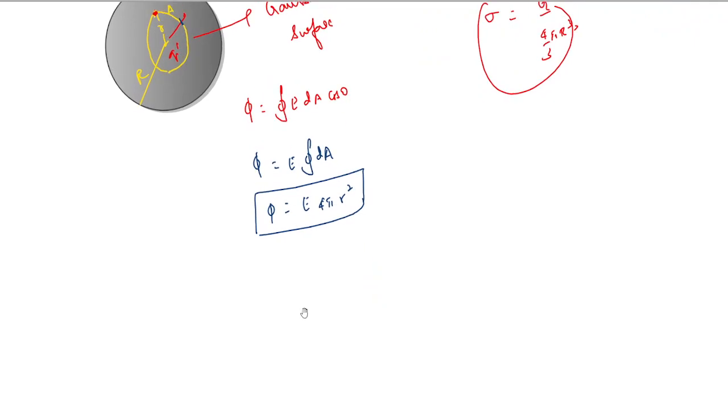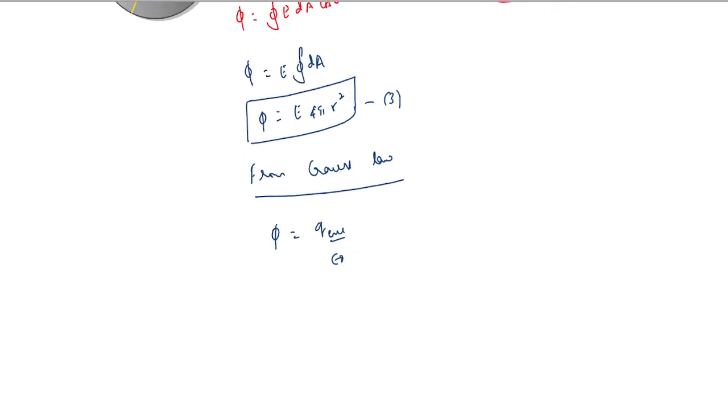We call this 3. From Gauss law we know that the total electric flux is equal to the charge enclosed by epsilon naught, so here it is Q dash by epsilon naught.